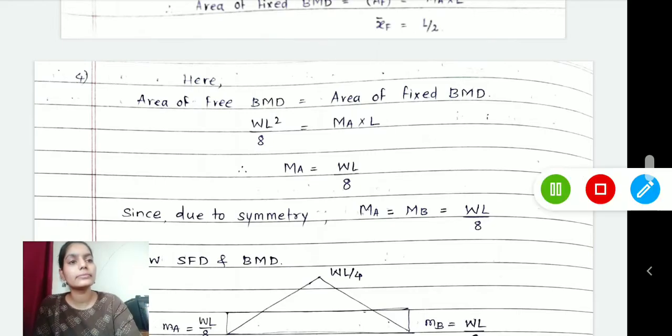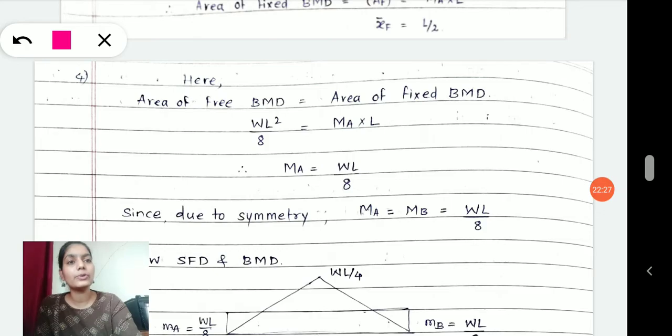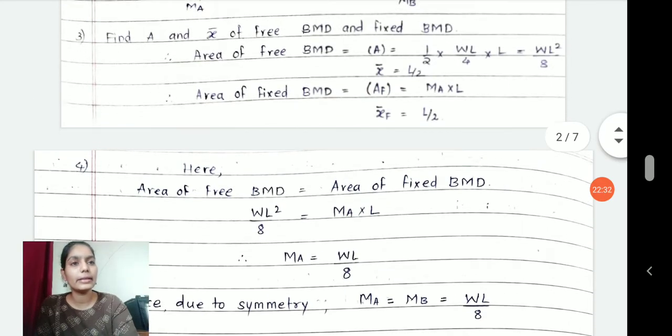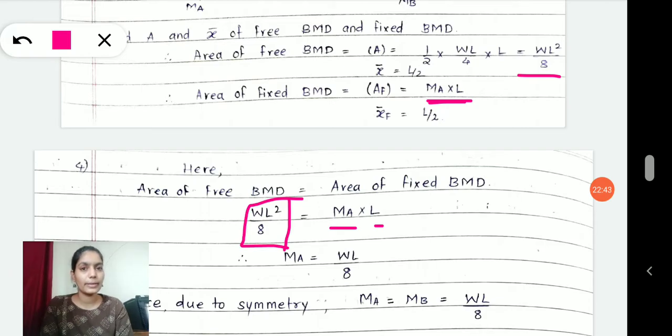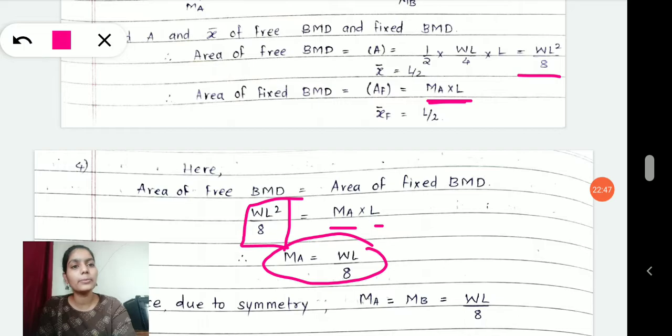And when I do so, WL square by 8 is the area of free bending moment, and MA into L is the area of fixed bending moment. What I received? I am able to know that moment at A will be WL by 8.